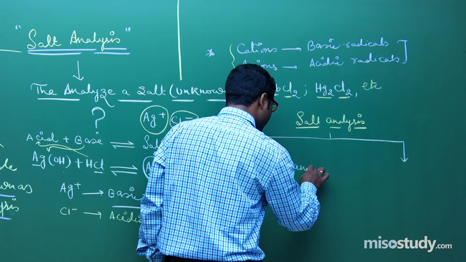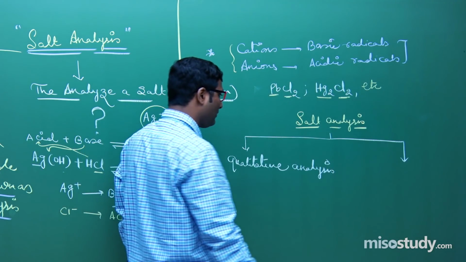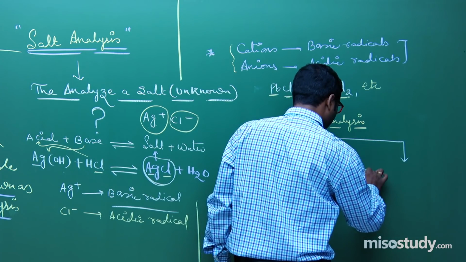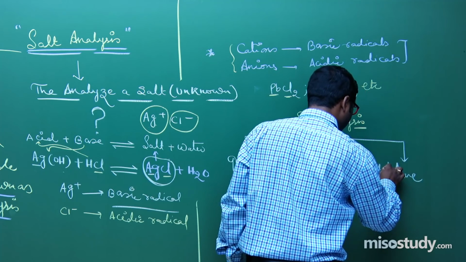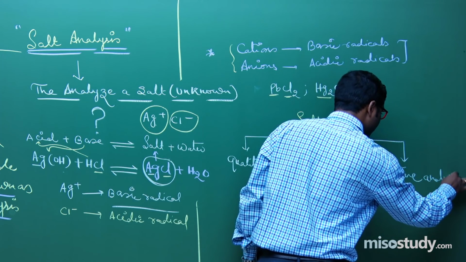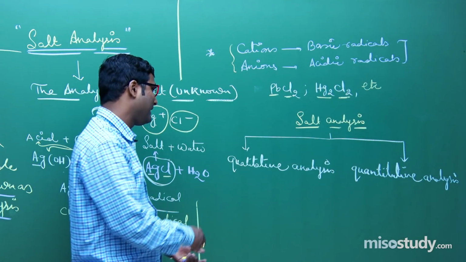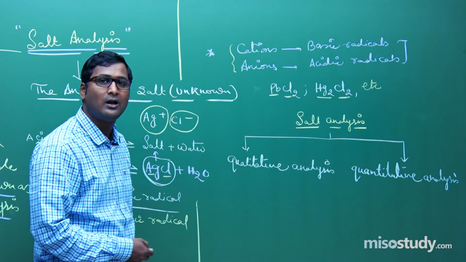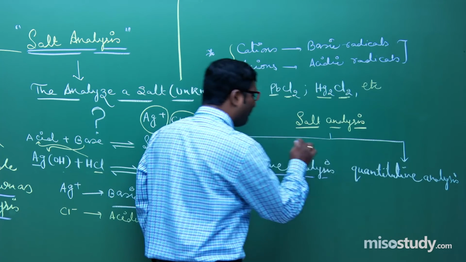Qualitative analysis, clear to you? And the second one is quantitative analysis. Clear, friend? Qualitative and quantitative analysis. Now, if anyone asks you what is qualitative analysis, to identify the sample component.